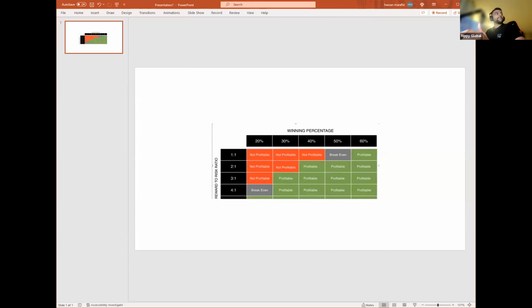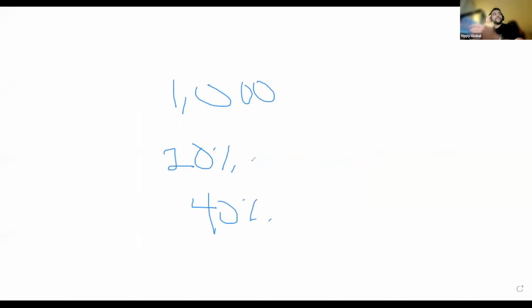That means if I have $1,000 into a position, if my stop loss is at 20%, your take profit has to be at least 40%. Because you're risking $200 to make $400. That is 2-to-1 risk to reward.